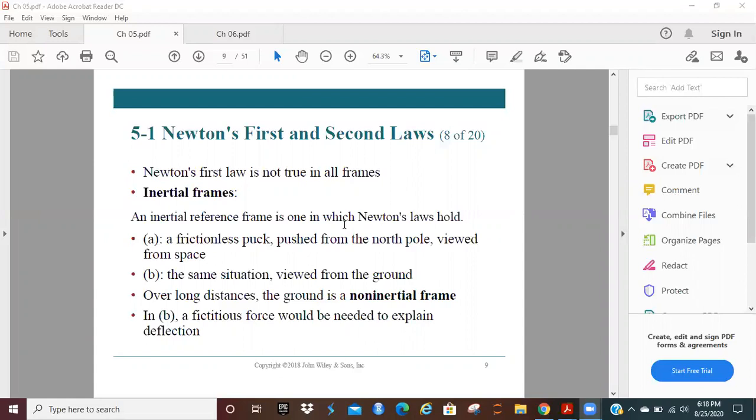The same situation viewed from the ground is different. The funny thing is, over long distances, the ground is not an inertial reference frame, because the ground is not moving at a constant velocity relative to the same point in space. That's the key difference. It's not something we're going to get into that much, but that's the key meaning behind it.